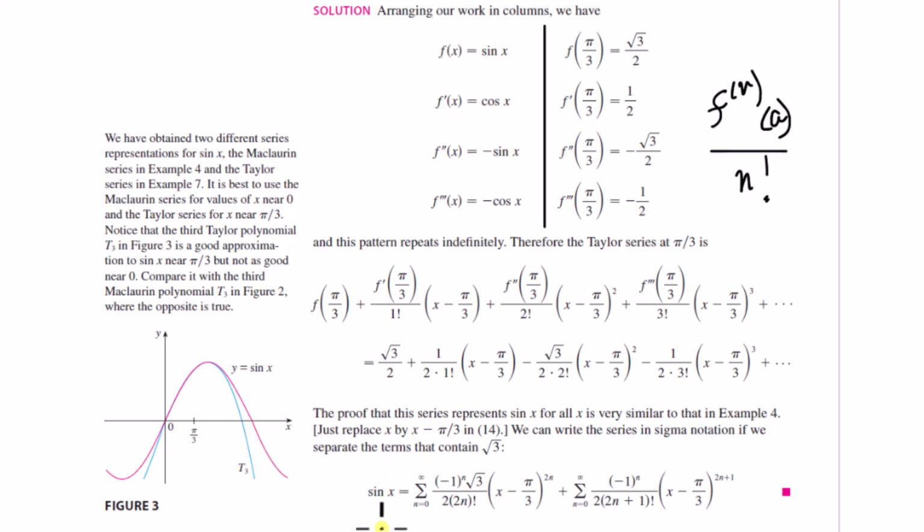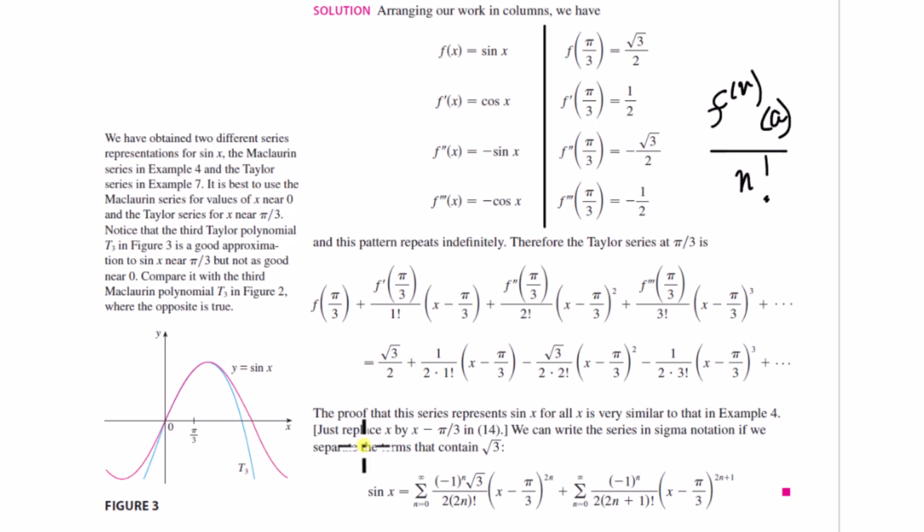But it just sets sine of x equal to this, and it says that remember that we have to do this proof that sine of x is equal to this, because we have to do the proof from scratch, because this is a new center point. We proved sine of x is equal to its Maclaurin series, but this is a different center point. But it sets it equal because it says the proof that this series represents sine of x for all x is very similar to the Maclaurin series.